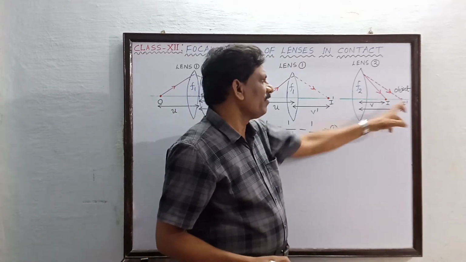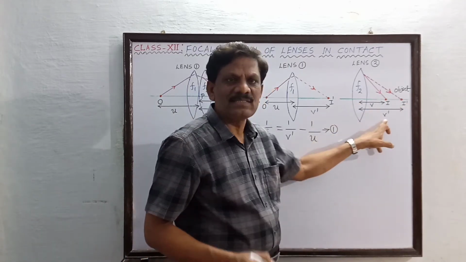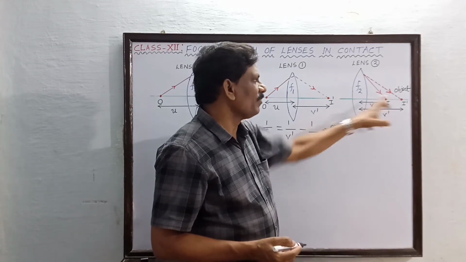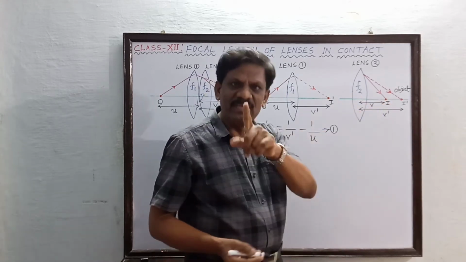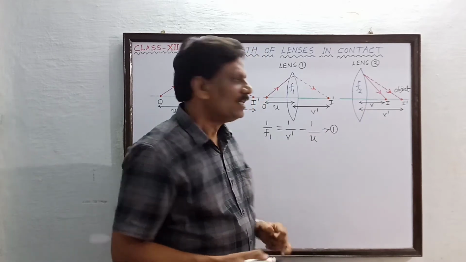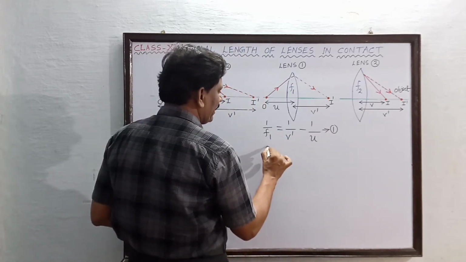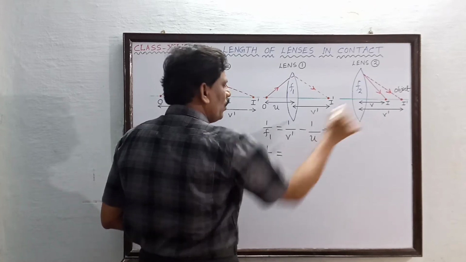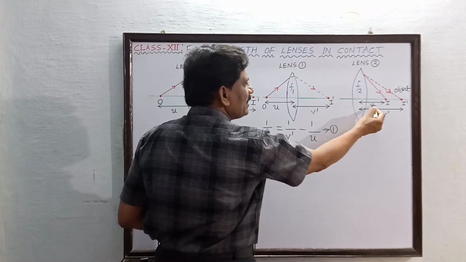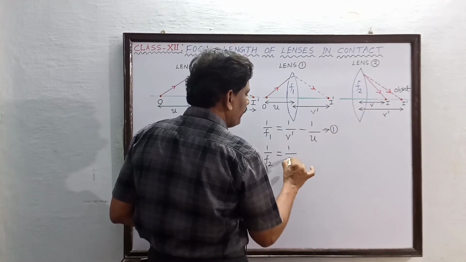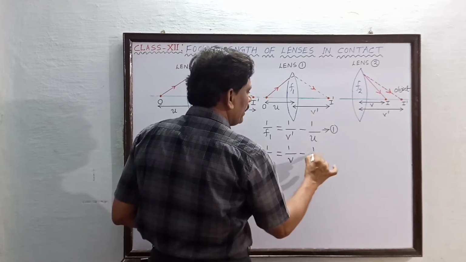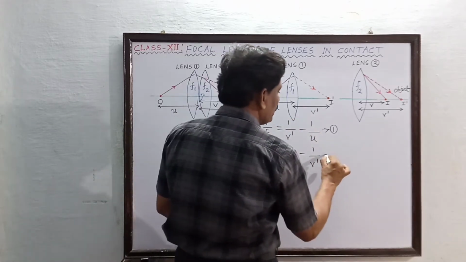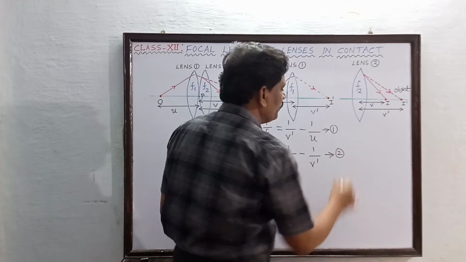So the distance of I dash to the lens, that is v dash, is the object distance, and the distance from I to the lens, that is v, is the image distance. So for the second lens, I will write 1 by f2 is equal to 1 by image distance v minus 1 by v dash, the object distance for the second lens. So this is equation 2.